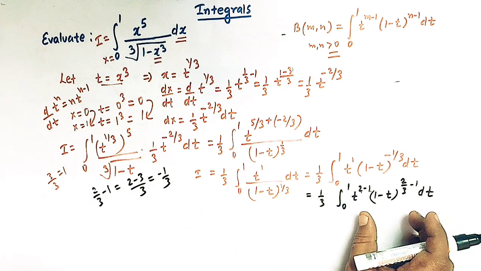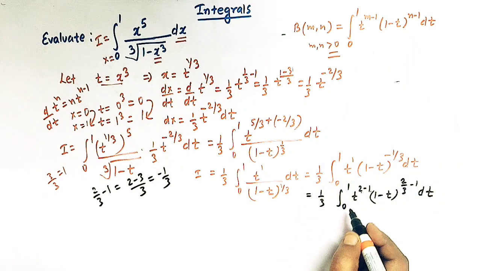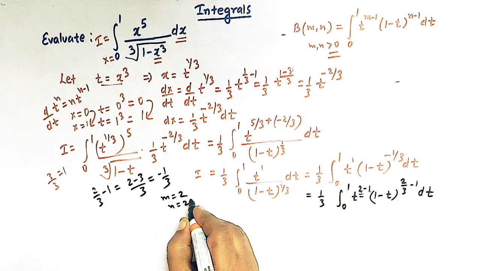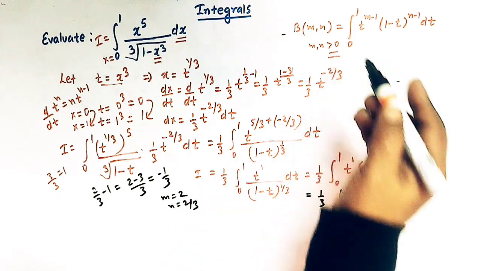So this integral is of the beta function form. Comparing with it, the value of m is 2 and the value of n is 2 by 3, and obviously 2 and 2 by 3 are greater than 0.